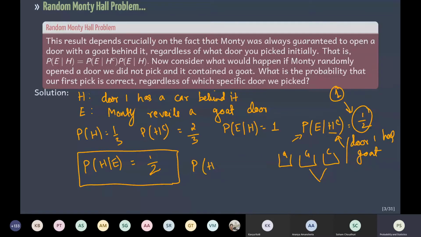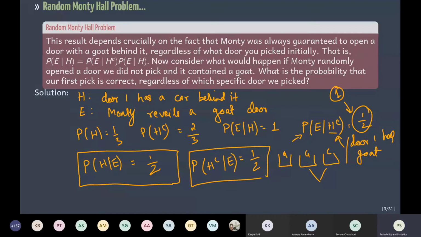So the strategy doesn't change for you. If I switch, again it's half. So if Monty reveals a door randomly, it fits our original intuition that it's 50-50.